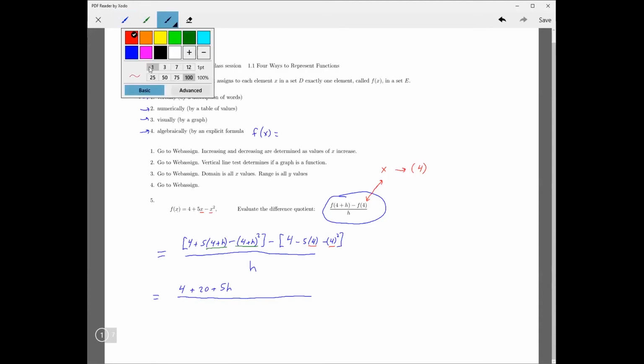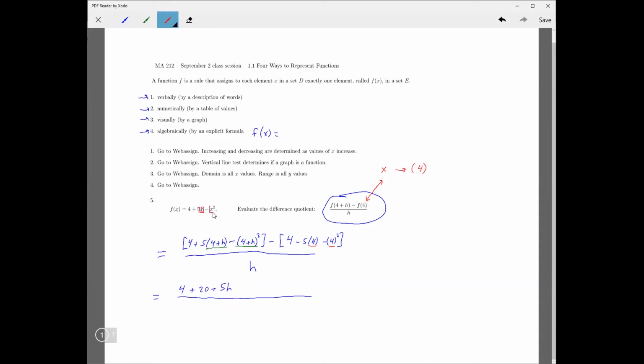So it's just this right here, and those two x's, because this x got replaced with a 4 plus h, right? So these x's, replace those with 4 plus h's in parentheses, and leave everything else. Oh, okay, I understand now. I see. Okay, so everything else is left exactly the same.